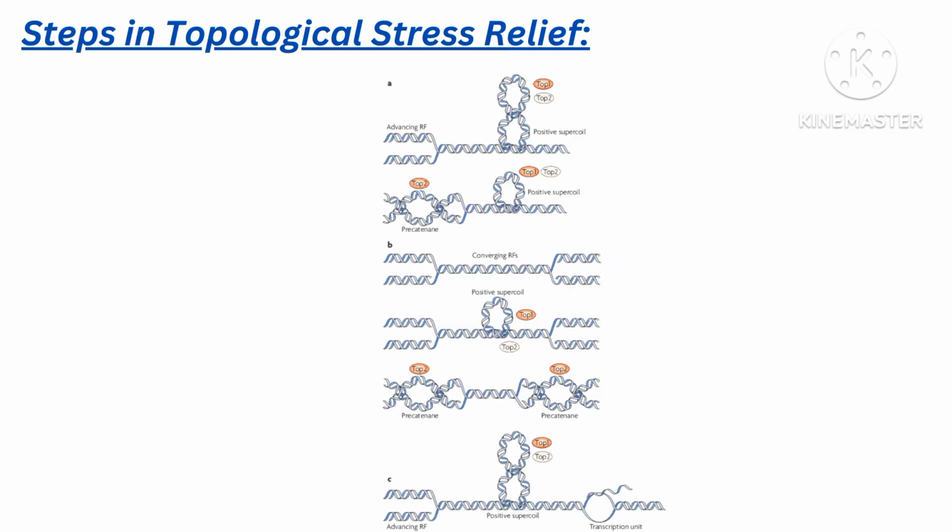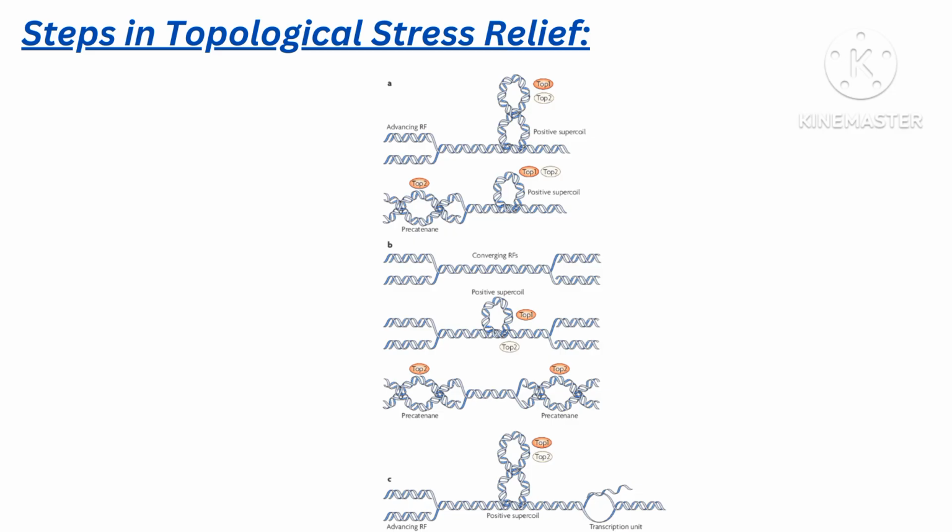Figure A shows unwinding of the duplex DNA generates a positive supercoil ahead of the replication fork, RF, which is removed mainly by topoisomerase 1, Top1, but also by Top2, or precatenanes behind the RF, the decatenation of which requires Top2. Figure B shows that positive supercoils must be converted into precatenanes at replication termination.